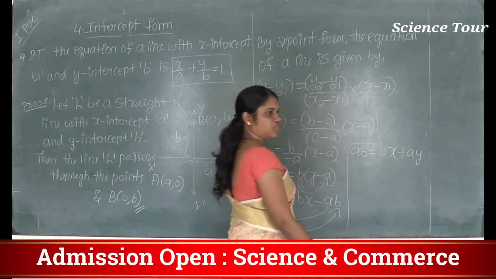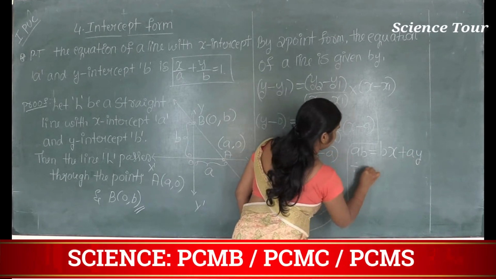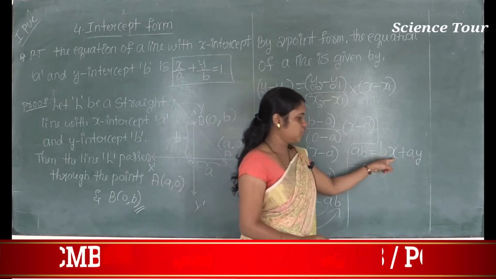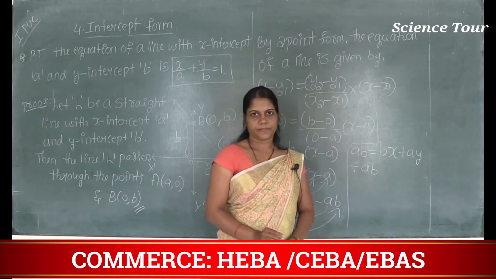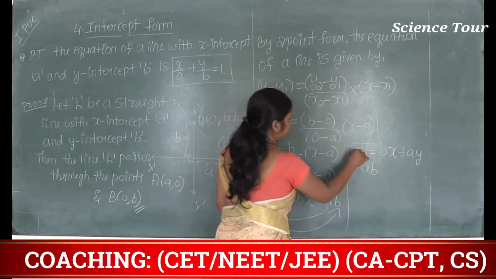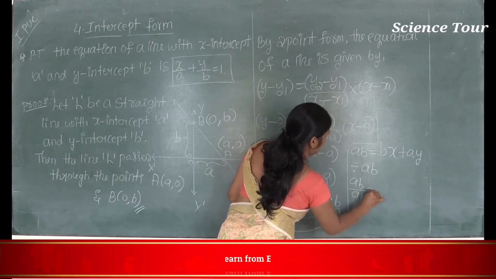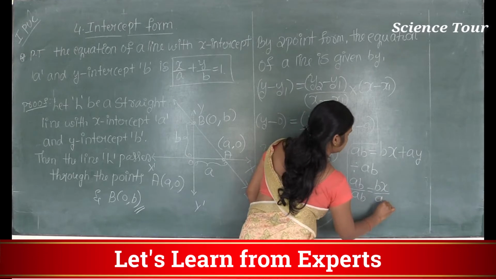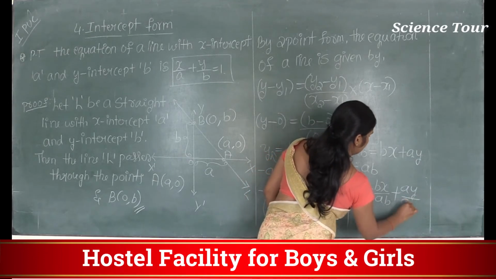Okay. So now divide each term, left hand side as well as right hand side terms, by ab. First the left hand side is ab, so ab by ab equals, here what do you have? bx by ab plus ay by ab.